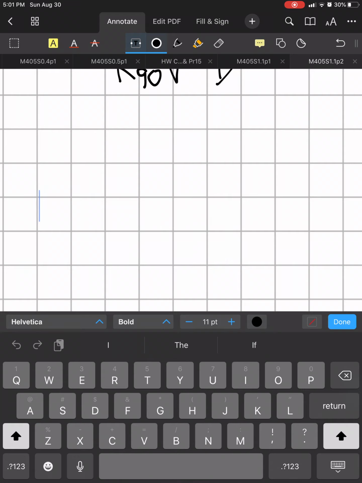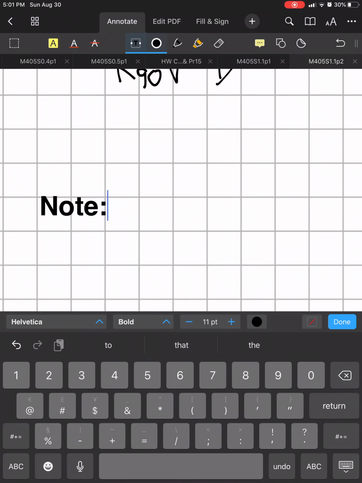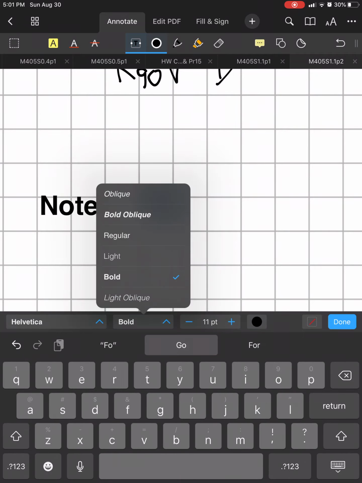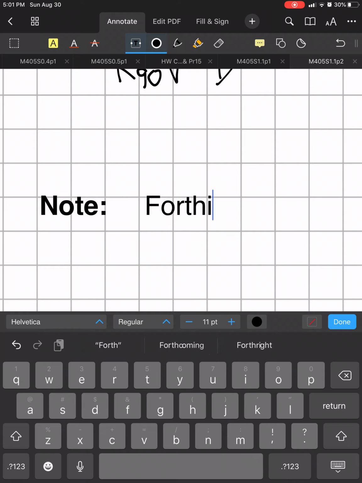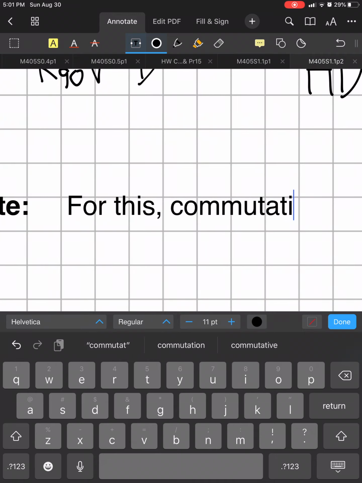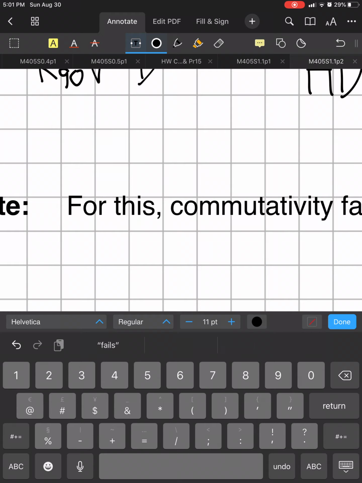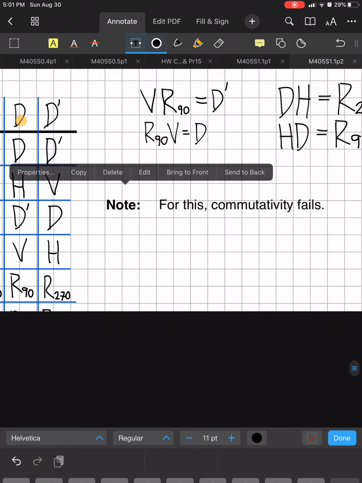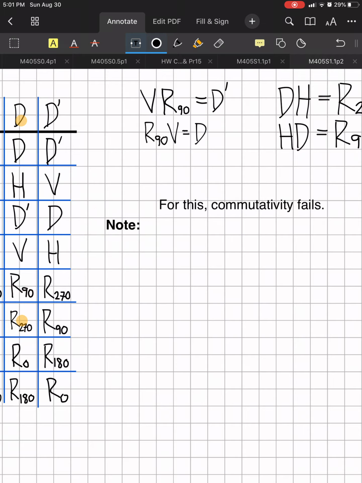So, note for this commutativity fails. Let's first move you down there.